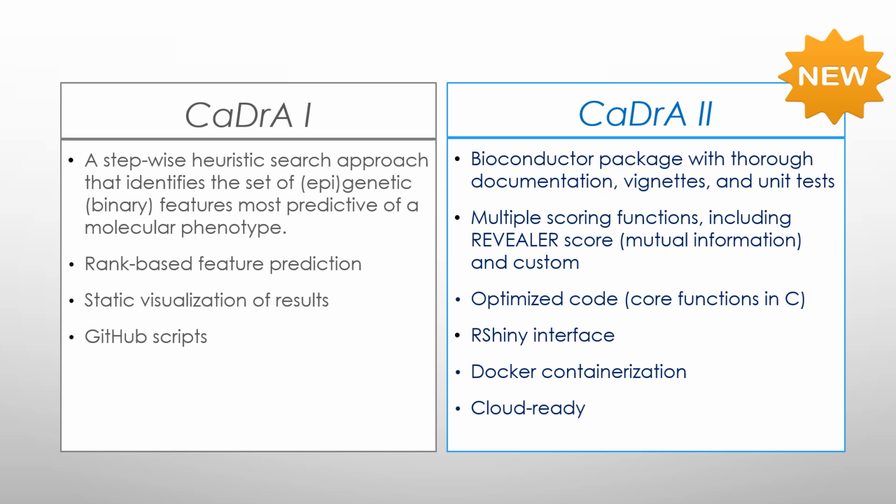We also implemented a simple R Shiny interface that supports multiple query modalities and multiple visualization options. Finally, and more importantly, we containerized the package and all its dependencies as a Docker image, available through Docker Hub, ready for cloud deployment.